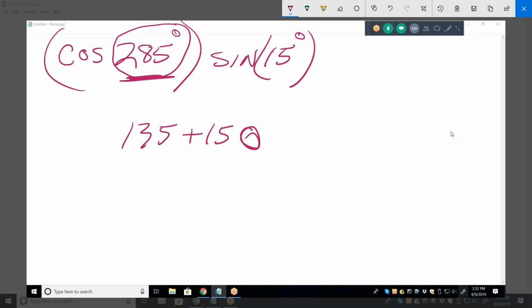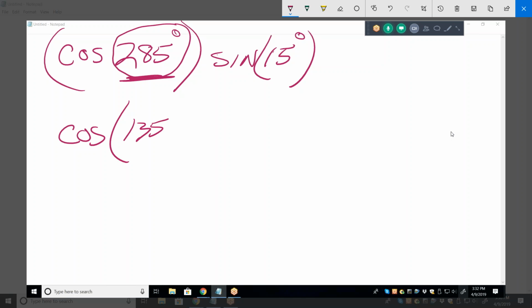In other words, if I'm able to split it up, because that is 90 plus 45. This is 90 plus 60. The key is we know what 45 and 60 are. So let's plan on representing this cosine function as the cosine of 135 plus 150.